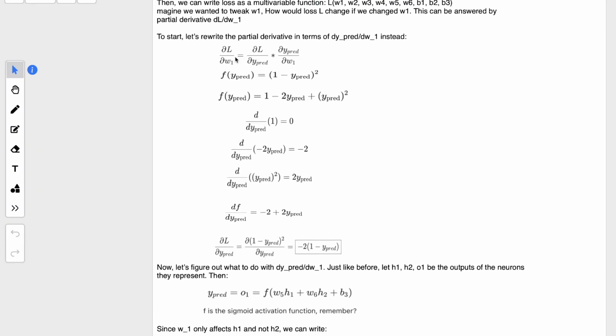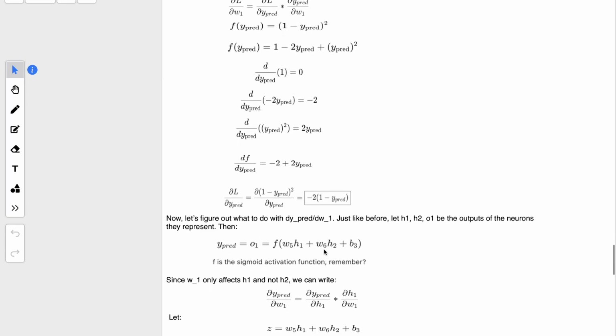Again I'm repeating it: dL by dW1, we divided it into two terms, because loss is depending on ypred directly, right? So dL by dypred into dypred by dW1. But again, ypred is not directly depending on W1, because if you see this formula, there is no W1 here. Here we have W5 H1, W6 H2 and B3, right?